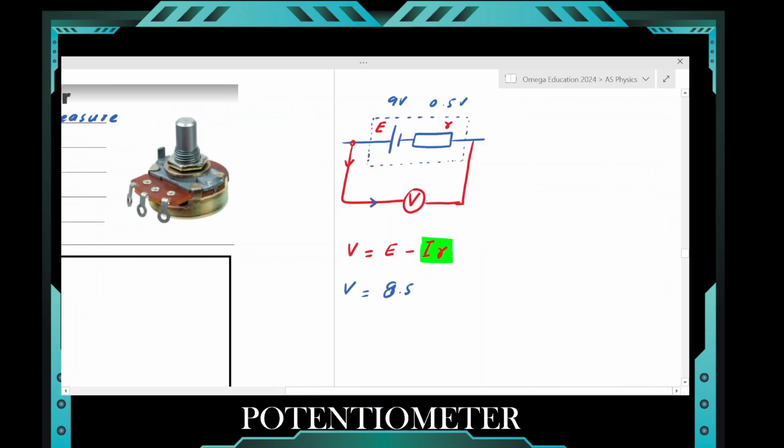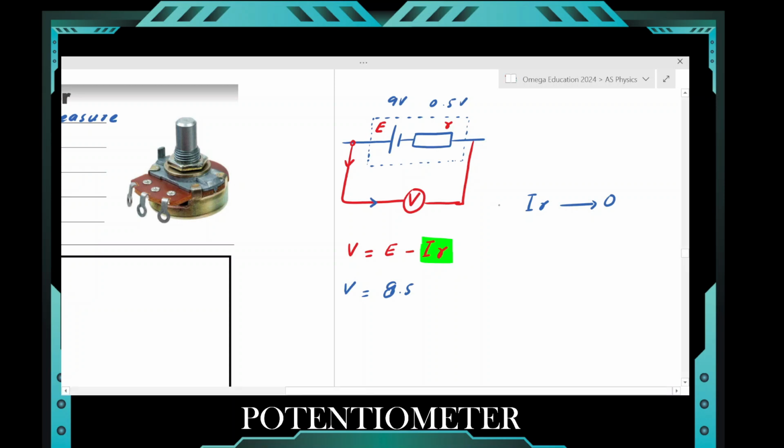Now the question is, how can the voltage in the internal resistance not be dropped? Well, this thing, Ir, has to be 0. If Ir is 0, it means no voltage would be dropped in the internal resistance of the battery.